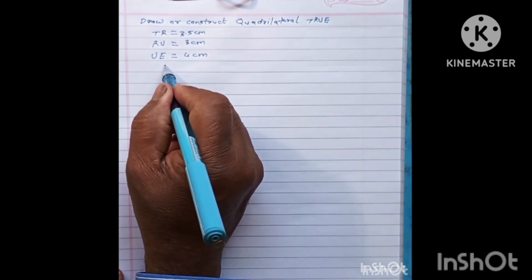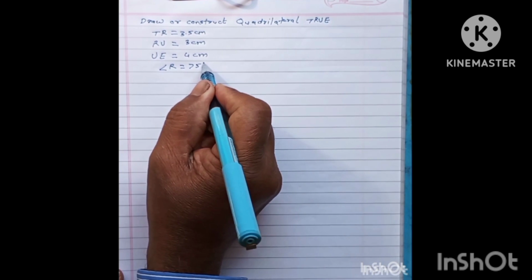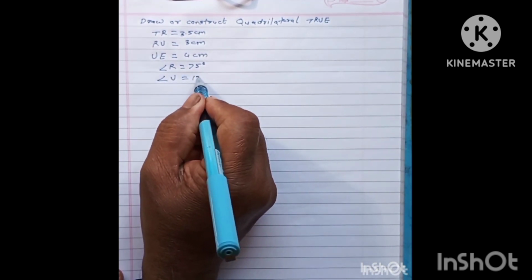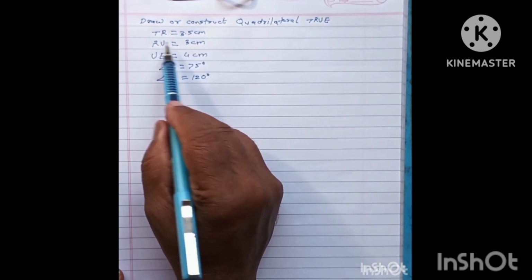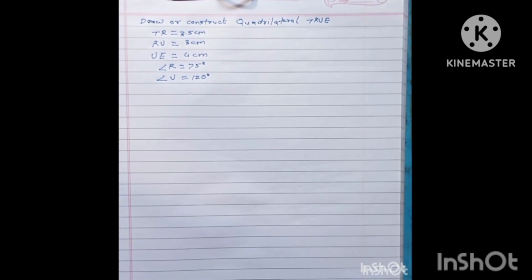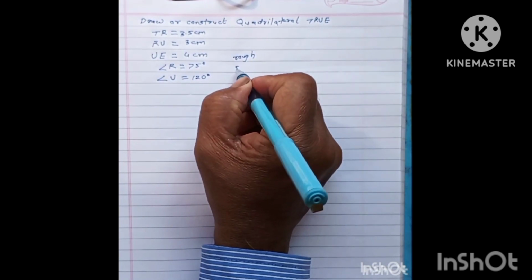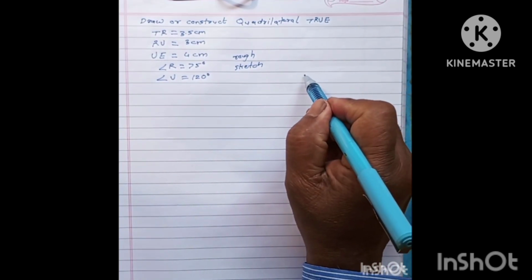This is a construction where three sides and two angles are given, and the two angles are included in these three sides. So angle R is 75 degrees and angle U is 120. Now the rough sketch, that is compulsory, that is a part of the construction.